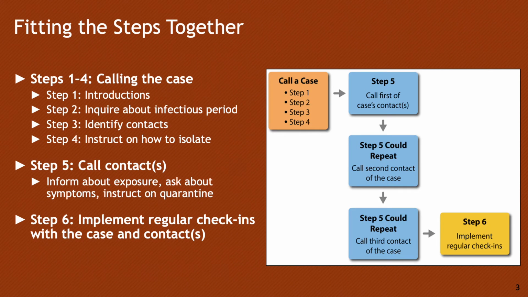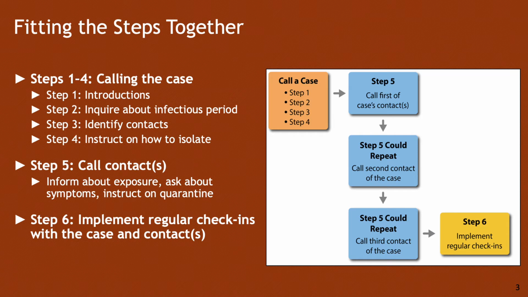So, as we put the steps together, the first 4 involve talking to the case, calling the case, inquiring about how long they've been infectious, what symptoms they've had, getting to know them, helping them identify their contacts, helping them with isolation issues.